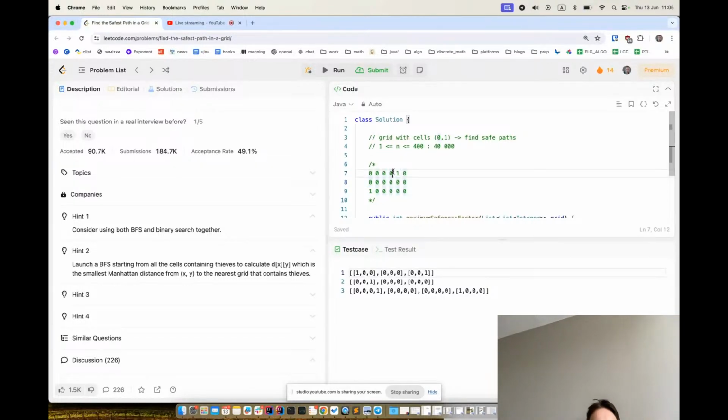So for example, I can start with this one. Then for every cell, I can calculate with BFS again.